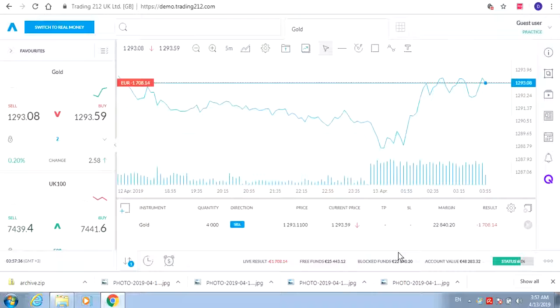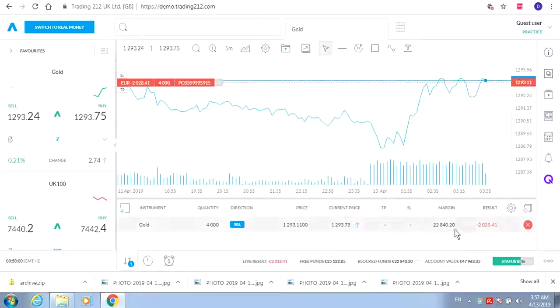Here we can see our result is too high. For example, our loss is 2,170. Here we have to watch, and here is the margin that will be deducted from our portfolio. This margin cannot be used, it's frozen right now.